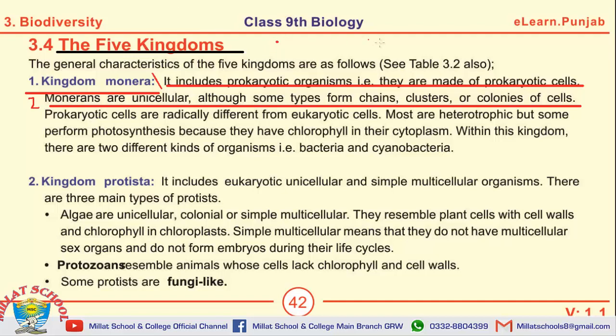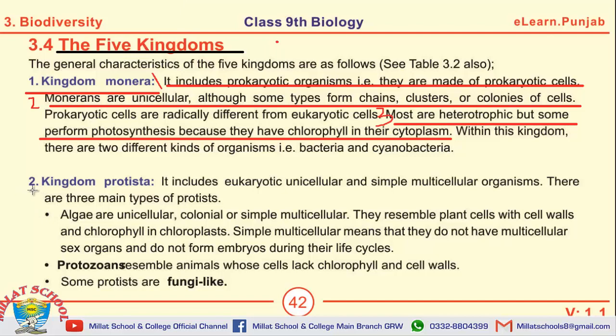The third characteristic may be most are heterotrophic, but some perform photosynthesis because they have chlorophyll in their cytoplasm. So these are the two questions which may be asked from kingdom Monera.